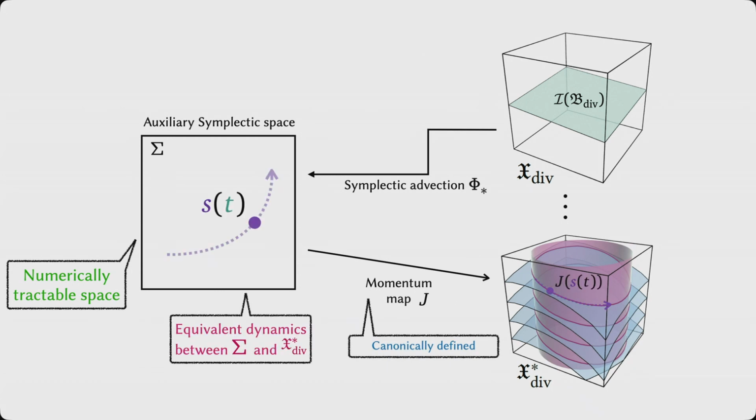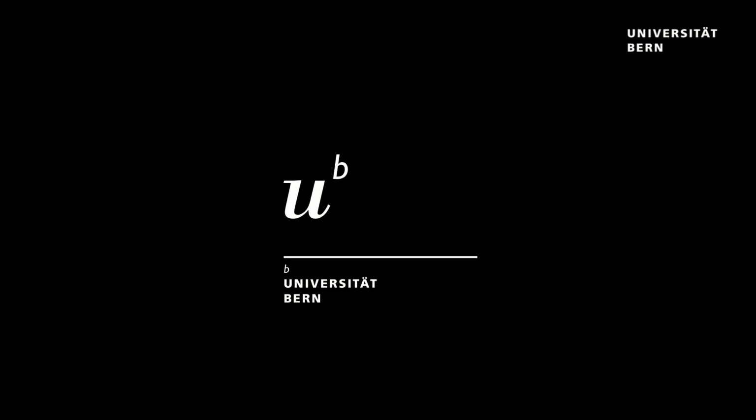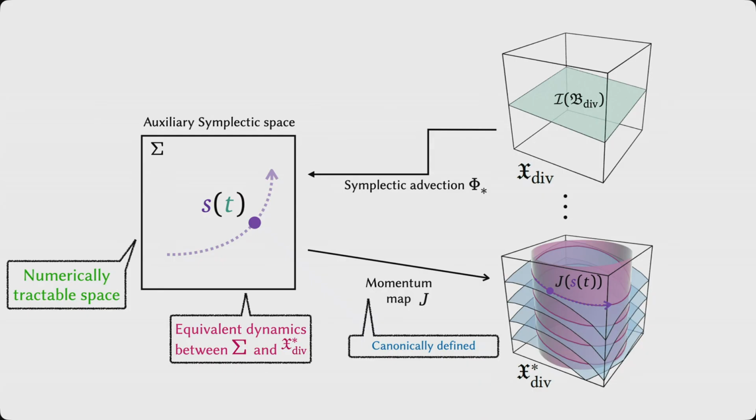Because if the primal space of this guy acts in a way that preserves the symmetry of the symplectic space, so it's symplectomorphic, this thing is canonically defined. You can look it up in a textbook, basically. And this now establishes that whatever you do here, which is importantly numerically tractable, is the same as this guy, which is numerically intractable. And now, what do we do?